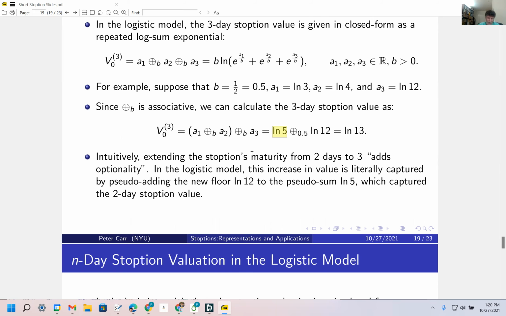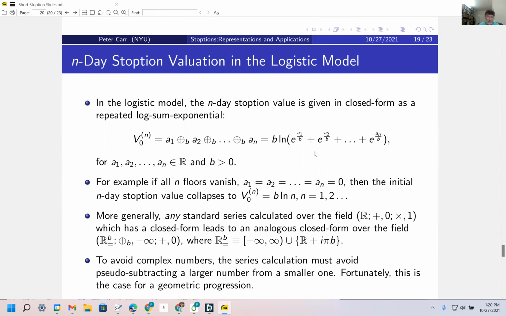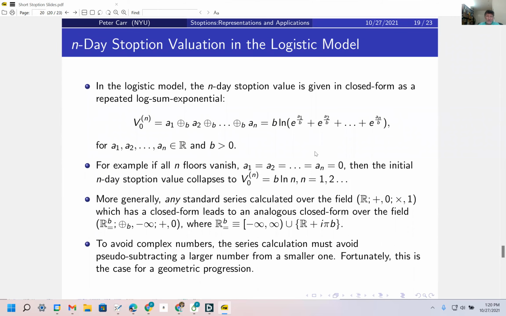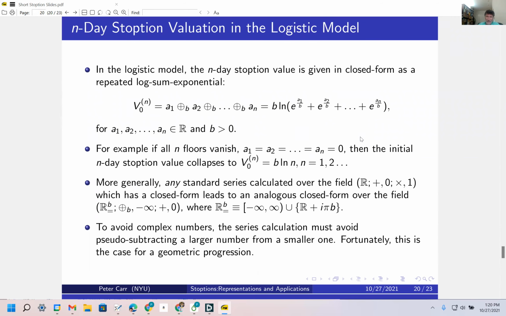Okay, so just more generally, there's n floors, and I'm running out of time. A natural value to set all the floors is 0, and then in that case, the formula simplifies to that. And so in this model, if you're asking yourself how at the money stoption values increase with maturity, the answer is they grow as the log of the maturity.